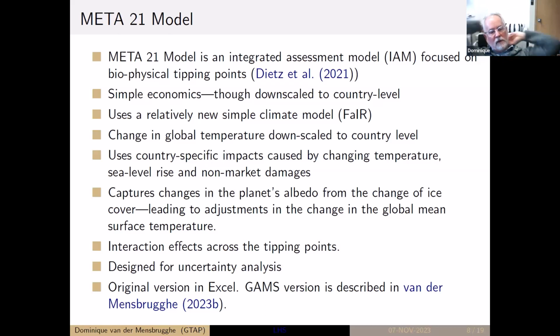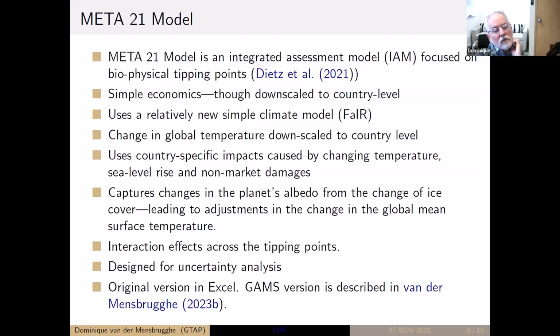One of the interesting features is that they do downscale the change in global mean temperature down to the country level. So they're looking at country-specific impacts caused by changing temperatures, including sea level rise and non-market damages. The model captures changes in the planet's albedo from the change of ice cover. So that also impacts the change in the global mean surface temperature, raises it somewhat from a model that doesn't include the impacts of albedo.